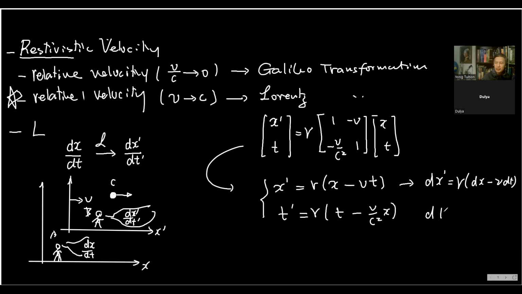And dt prime is equal to gamma (dt minus v over c squared dx), right? Therefore you can work out this first derivative, the velocity relative to observer B, dx prime over dt prime. You just divide it. Can you follow me? So just dx minus v dt, right?